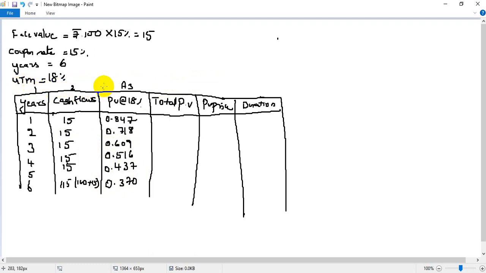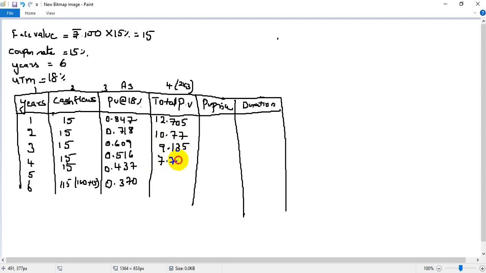Now let's say this is the first column, second column, third column, fourth column. In the fourth column you are going to multiply the second column into the third column. So it will be 15 into 0.847, that is 12.705. Next 10.77. Next 9.135.